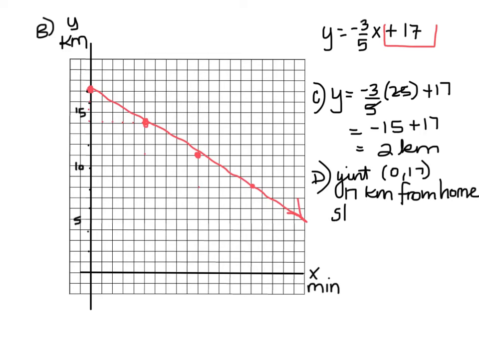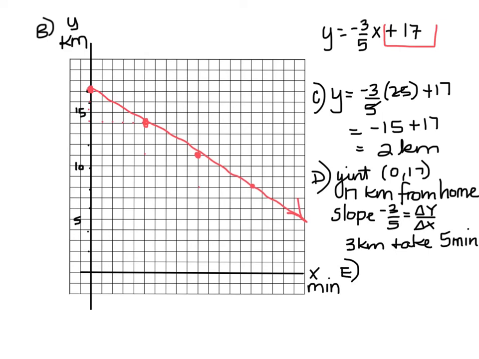The slope, which is -3 over 5, means, don't forget this is delta y over delta x, for every 3 kilometers takes 5 minutes.